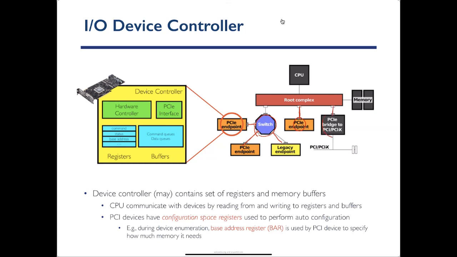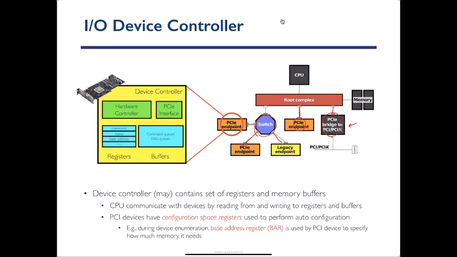It also allows bridges between different protocols. So if you have another kind of bus that you want to connect to the PCIe, you can put an adapter, put a bridge, and then connect different buses to the PCIe bus.